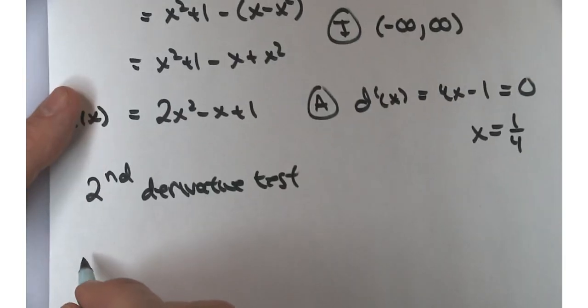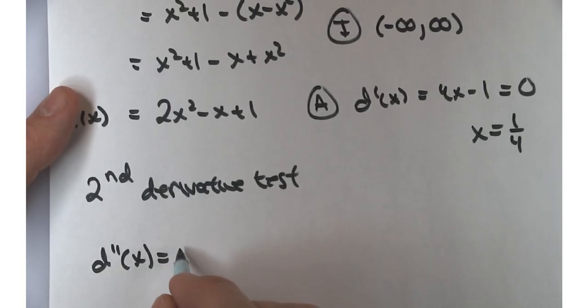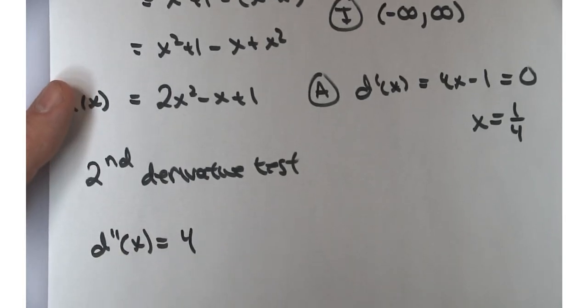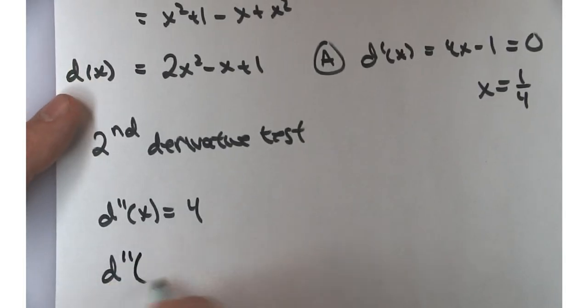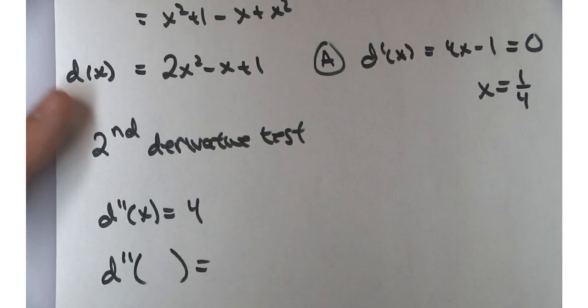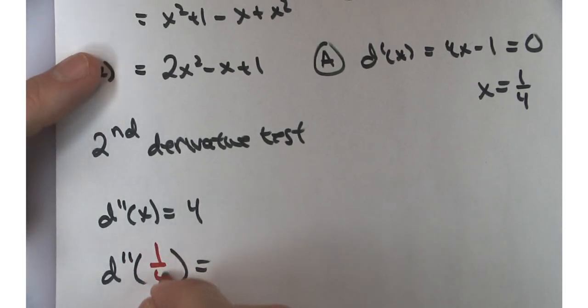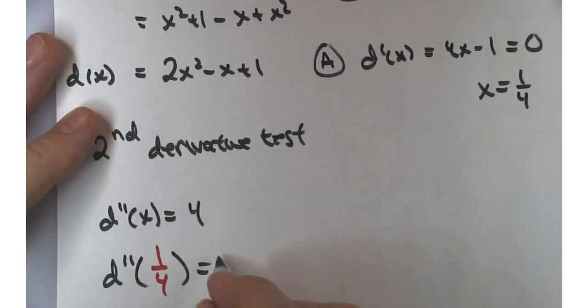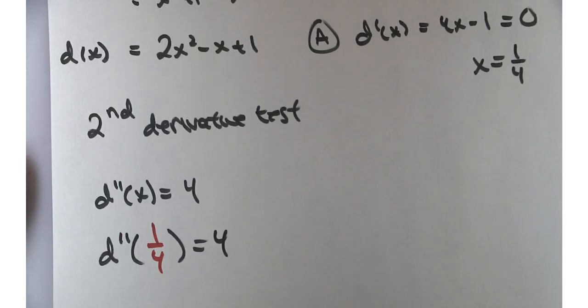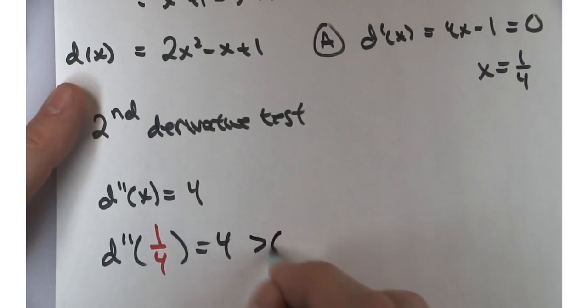So what's the second derivative going to be? d double prime of x equals 4. So in particular then, let's look at d double prime of 1/4. d double prime of 1/4 is, well, it's still 4, isn't it, right? And the important thing is that that's greater than 0.